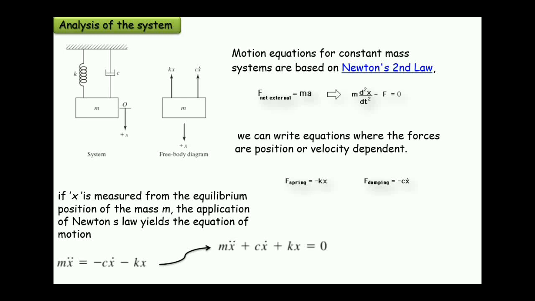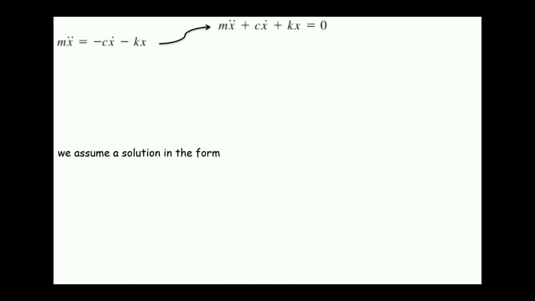This is because c x dot and kx act opposite to the accelerating force m x double dot, that is, mass into acceleration of the mass m. So taking all the terms on one side, we get the equation m x double dot plus c x dot plus kx is equal to 0. So this is the equation.